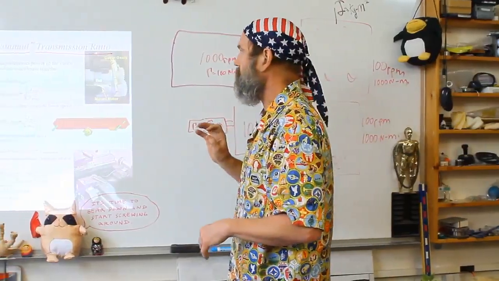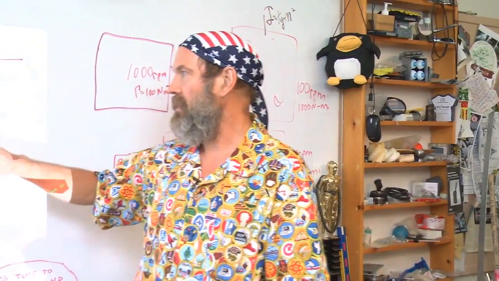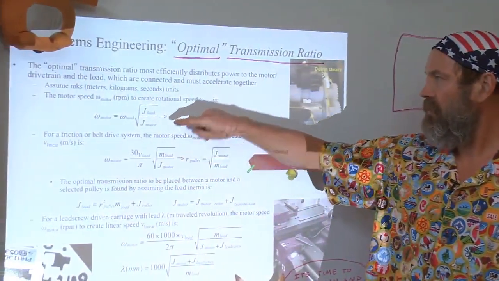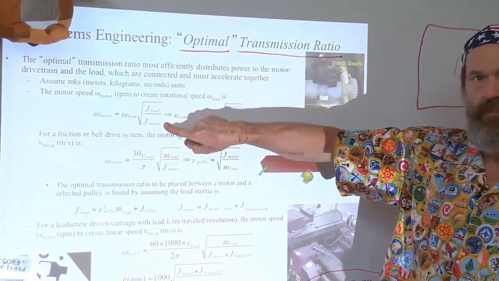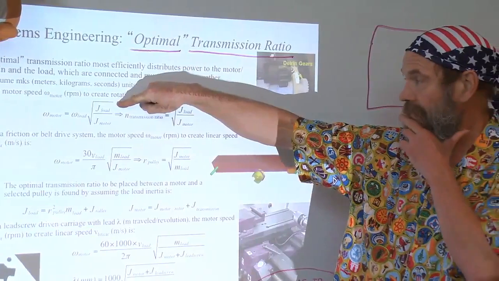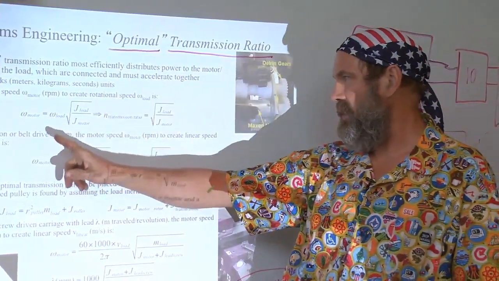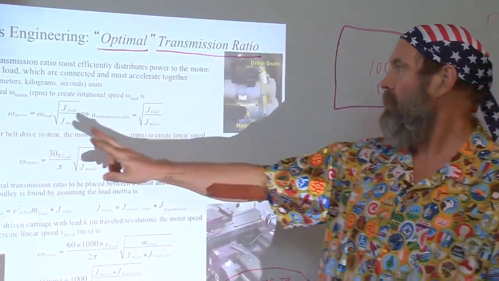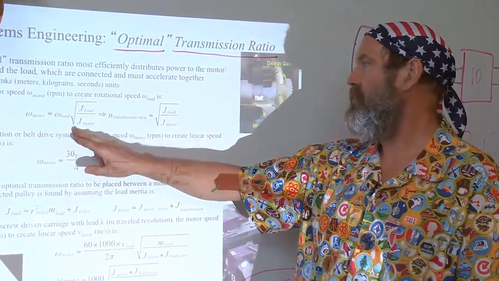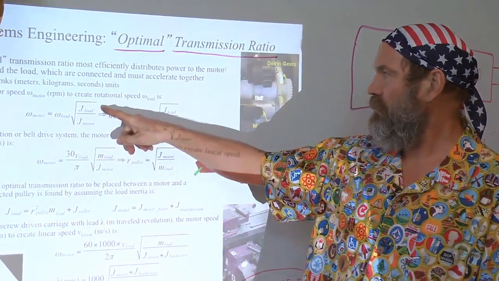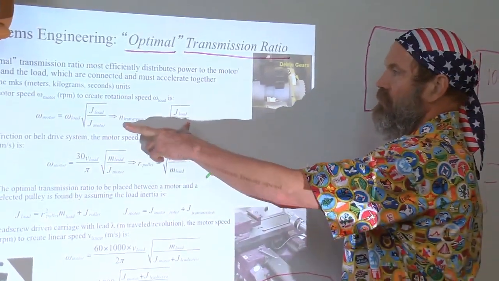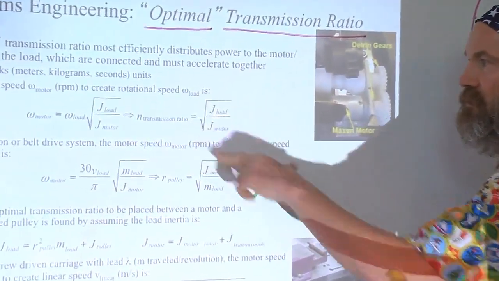So it turns out that when you pick a motor, it'll have some inertia, and the inertia of the load is what is given. And that will result in speed of the motor equals speed of the load times the square root of the inertia of the load divided by the inertia of the motor. And that gives you your optimal transmission ratio.